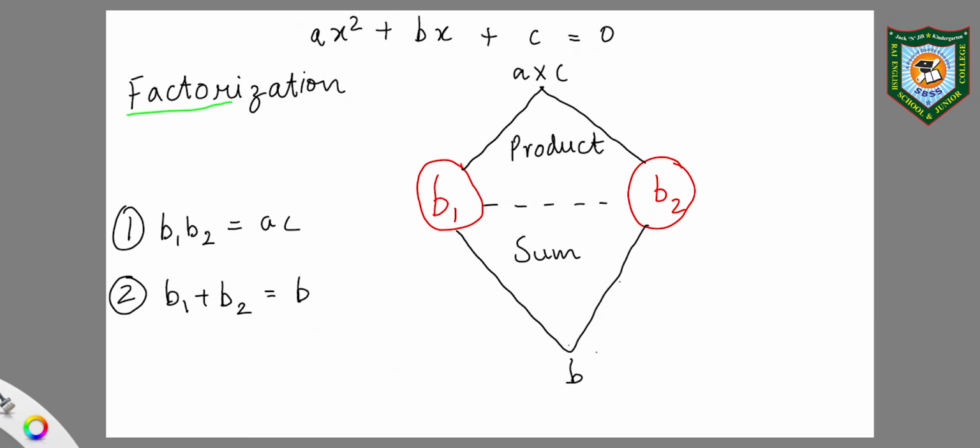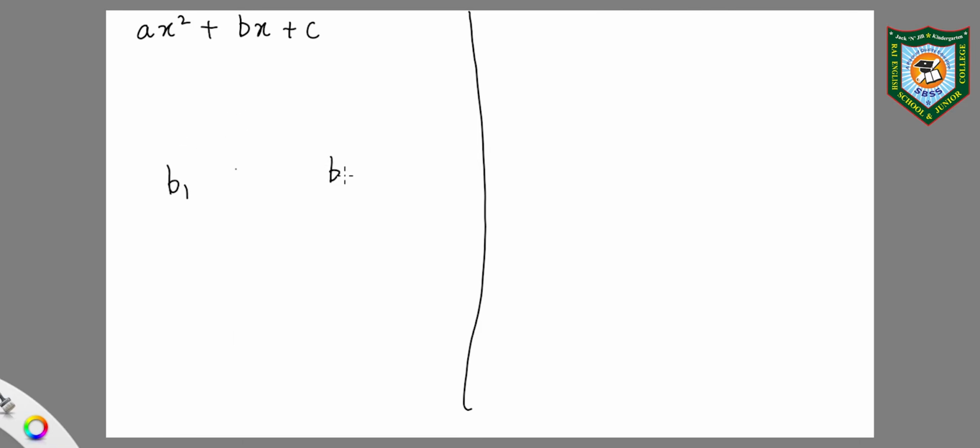We'll solve a standard equation on the left hand side and our equation on the right hand side. My standard equation is ax square plus bx plus c. I'll draw the diagram, b1 here, b2 here, this is my product a times c, and this is b.